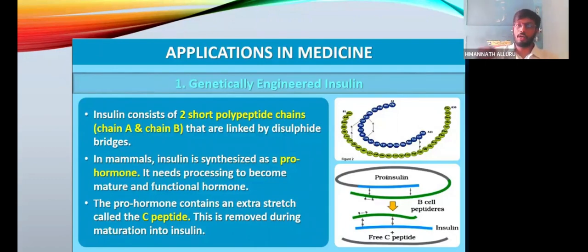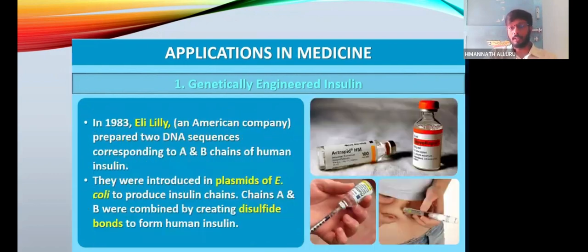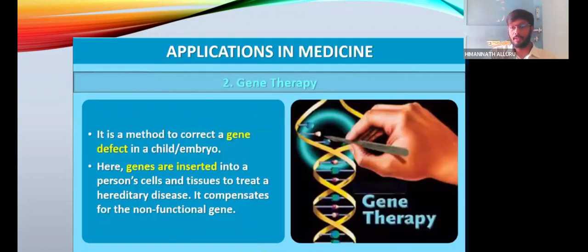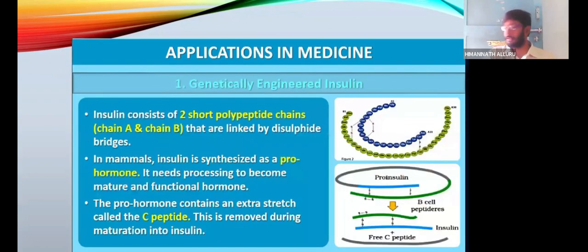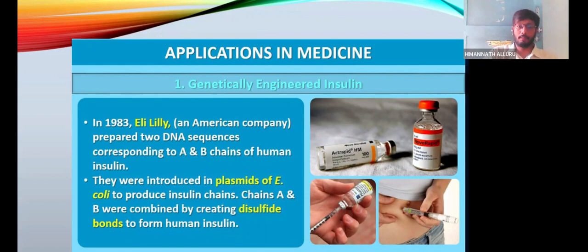But there is nothing wrong in giving a little more information to them, so that their idea will be broader about everything. So, prohormone, what was the challenge? Later, we need to explain to the children how this American company that made Humulin was successful in obtaining the matured hormone directly without even getting the proinsulin, and how the disulfide bridges were made.